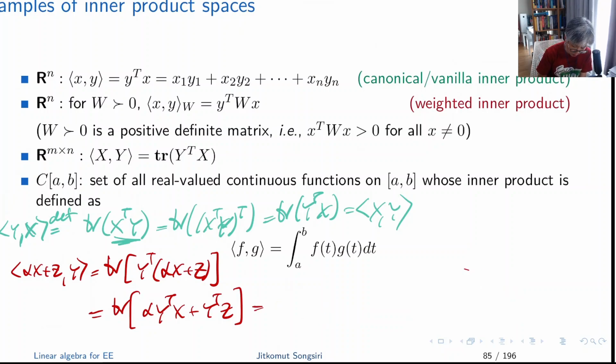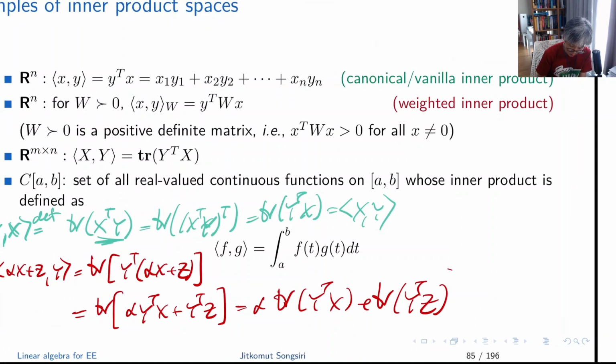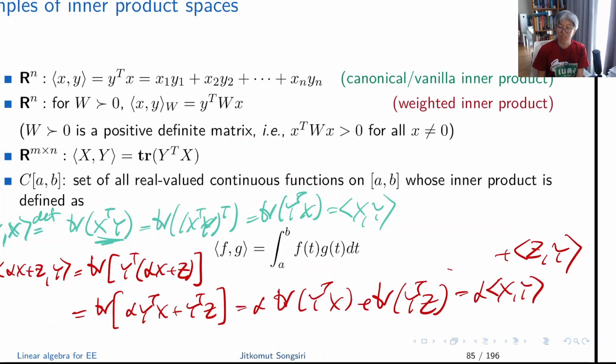So this is alpha times trace of y transpose x plus trace of y transpose z. And that is alpha times the inner product of x and y plus the inner product of z and y. So this notion turns out to satisfy the second property of inner product.